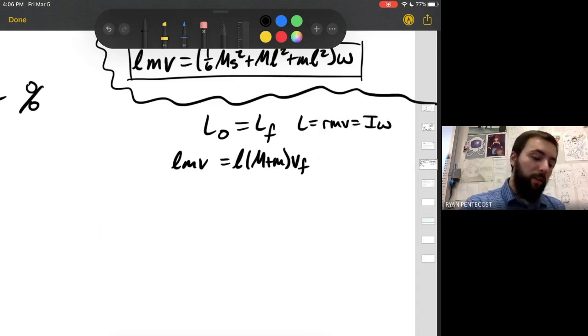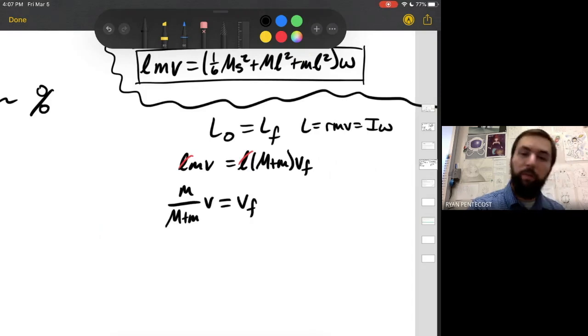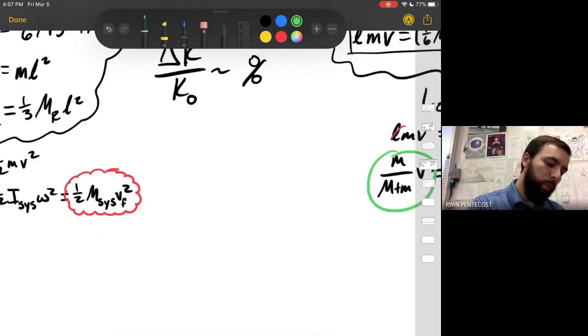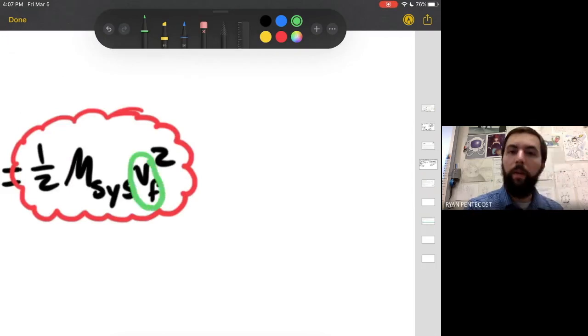To find VF, we're simply going to divide. Those L's are going to divide out. So what you get is little m divided by the sum of masses times V equals V final. We will take this and we're going to put it right there, and then we're going to square it.